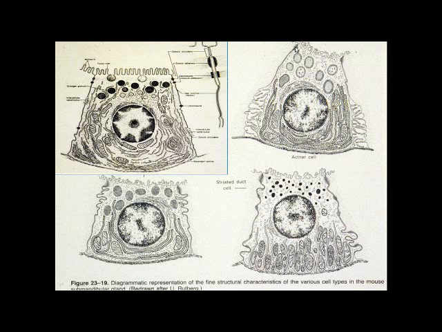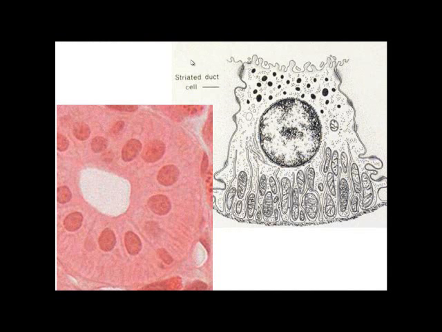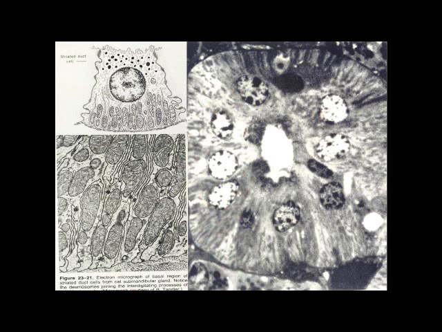Remember, we talked about the terminal bars in the intestine, but it's really a belt that goes all the way around the cells, as we talked about before. Here you can see those, and you can see that the mitochondria are lined up as you get the infolding of the plasma membrane, and it's the mitochondria being lined up that you see as the striations.